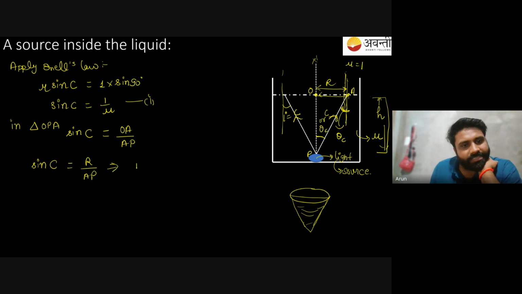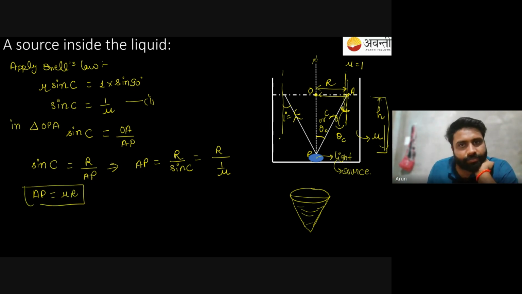From here you can say AP is nothing but r over sine C. And what is the value of sine C? Sine C is 1 upon mu. So this AP is mu times r, mu times the radius of the circle.